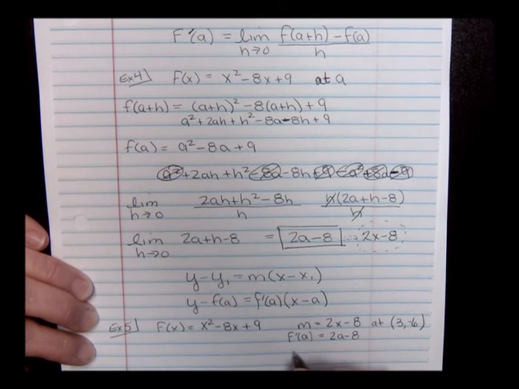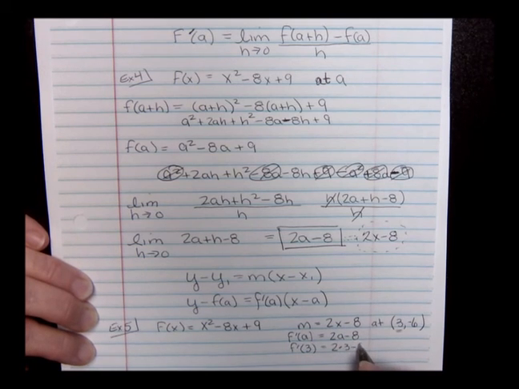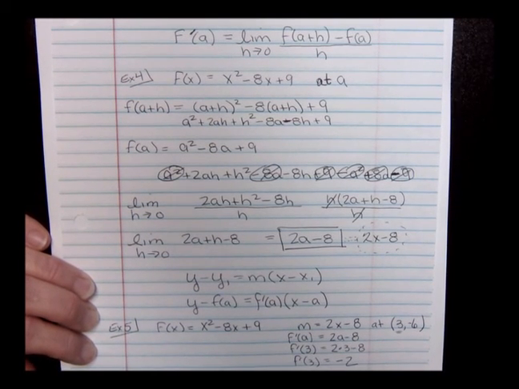This is at 3 because that's my x value. And I find out that my slope is going to be negative 2. So I plug that in and I get a slope of negative 2.